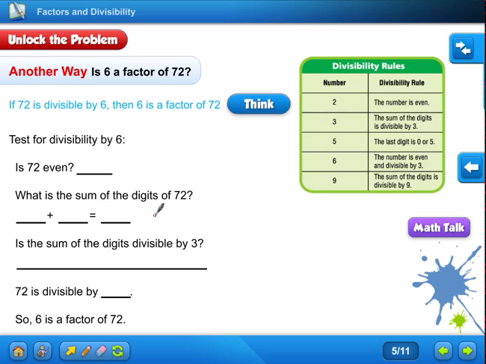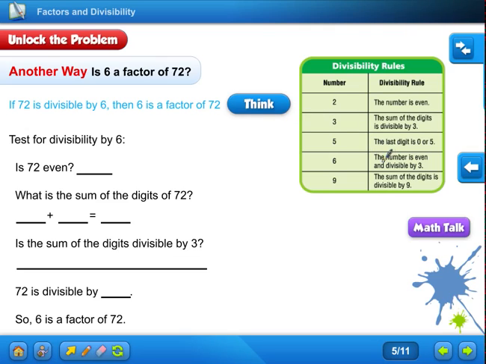All right. So, what they want to know is, is 6 a factor of 72? So you have to think. Let's look at the 6 right here. The number is even and divisible by 3. If 72 is divisible by 6, then 6 is a factor of 72. So let's go through our checklist.